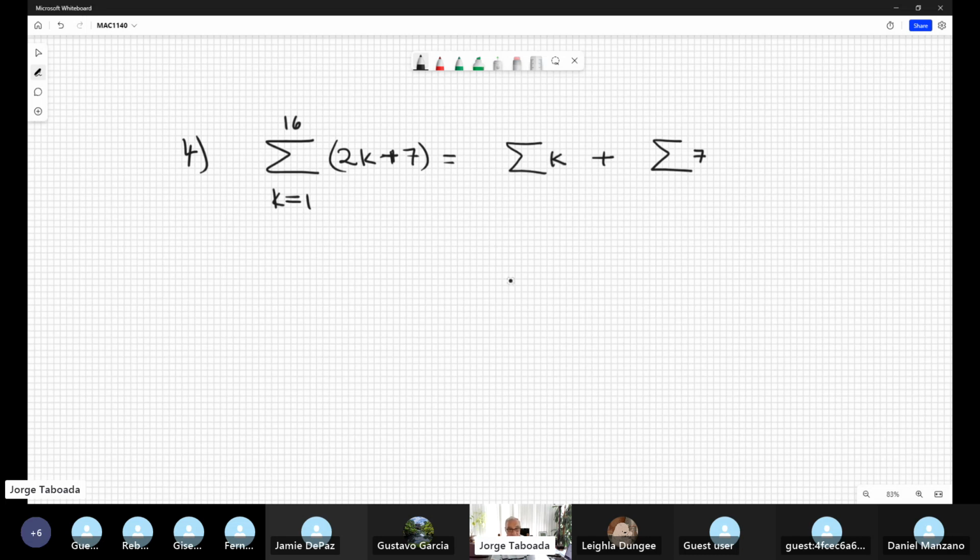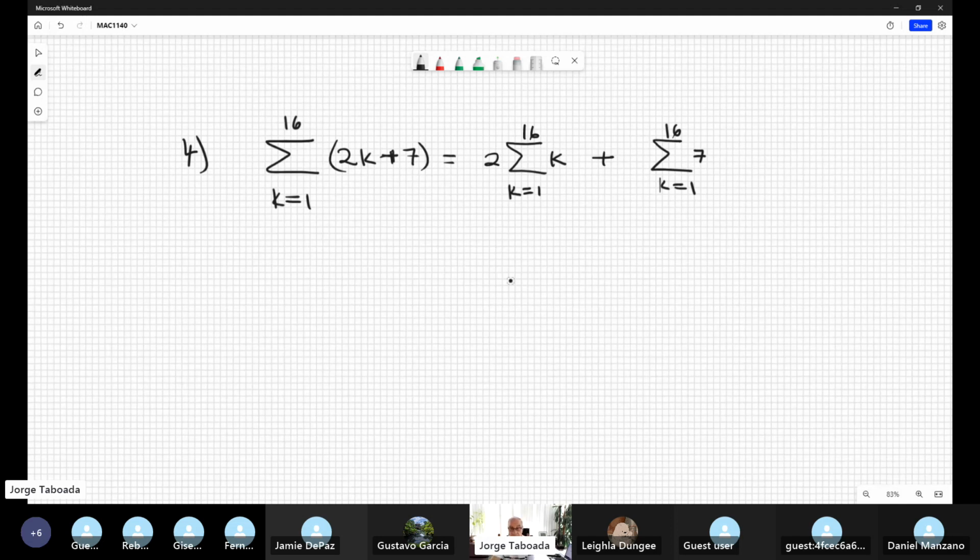For me, it's much better to put the 2 outside. So any multiplication by a constant, you put outside, and the limit is the same. Everyone follow me so far? Good so far with this manipulation.